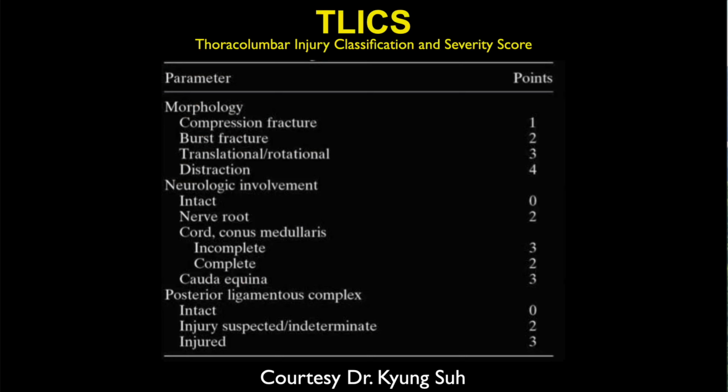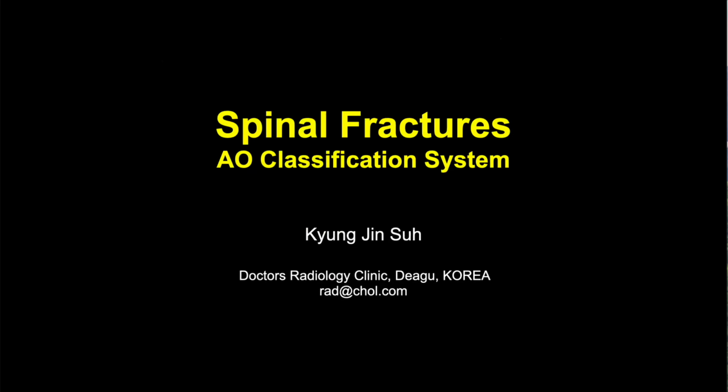The main thing that I do is just look for those different elements. I never score it here. You may be in a hospital at some point where they would want you to score it, but again, most of the score requires clinical input. What we give them are the morphology and the posterior ligamentous complex, and they have to add the neurologic involvement and decide on whether they should go to surgery or not.